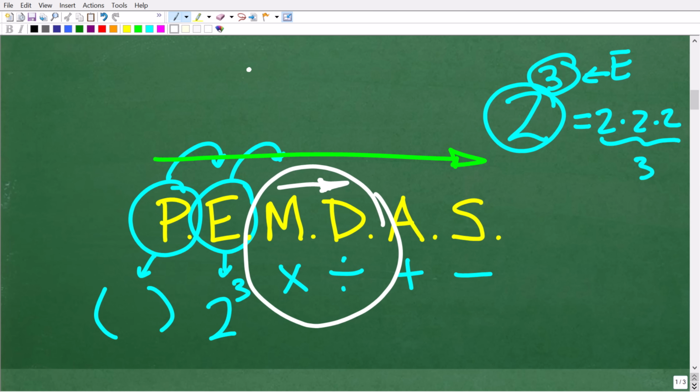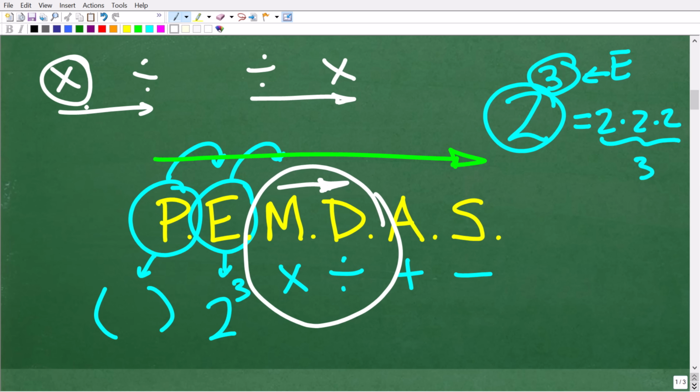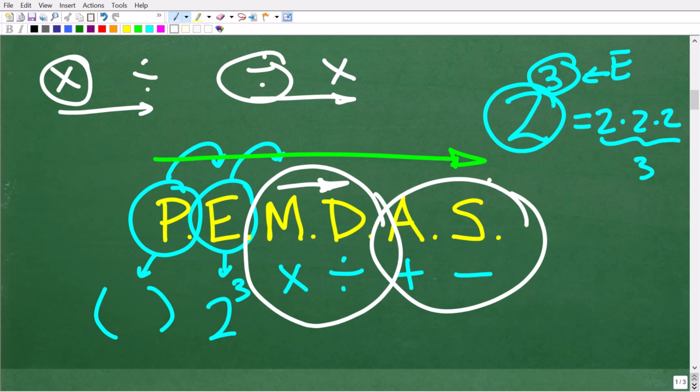So in your problem, if you have division, then multiplication, you're going to do division first because this is what you see first from left to right. If you have multiplication, then division, you're going to do the multiplication first because that's what you see first from left to right. Once all multiplication and division is done, you'll move on to any addition and subtraction, and you'll do this the same way, whatever you see first from left to right.